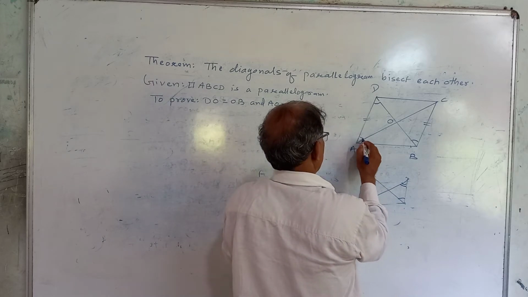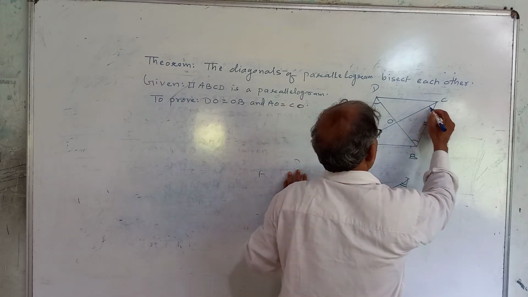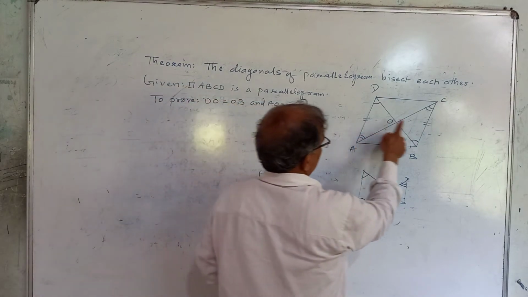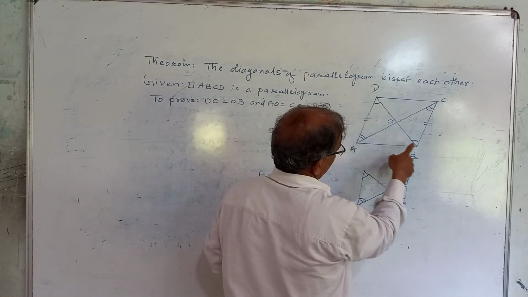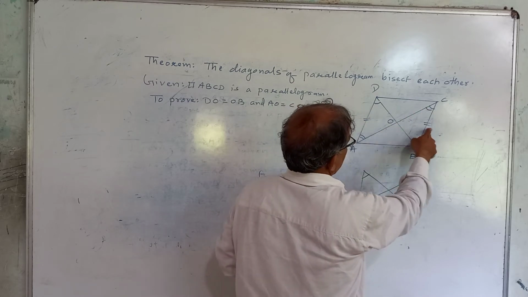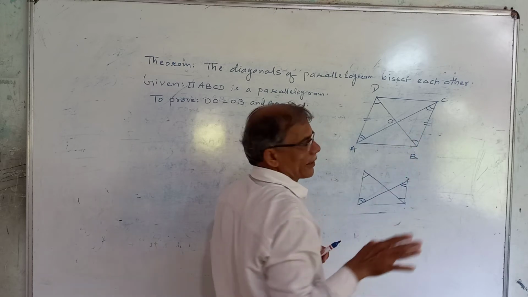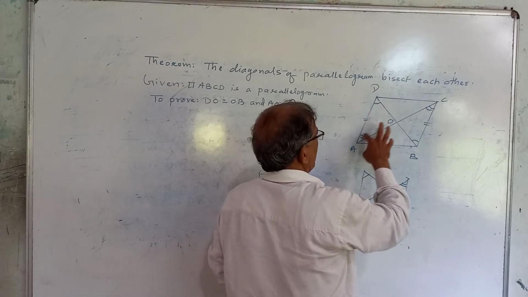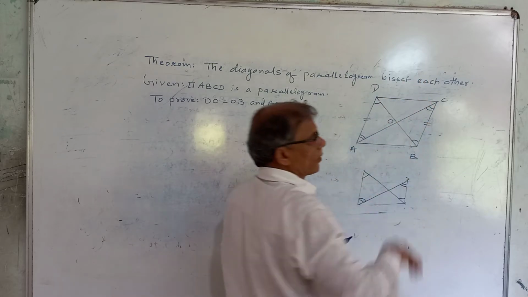So this angle is equal to this angle. Now you consider this triangle and this angle. This angle C equal to angle B. This angle A is equal to this angle C, and this side and this side, they are equal because opposite sides of parallelogram. So by angle side angle rule, these two triangles are congruent.